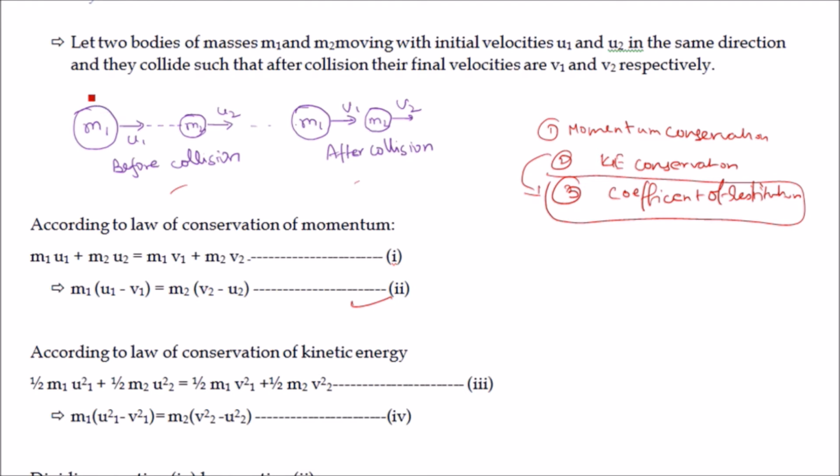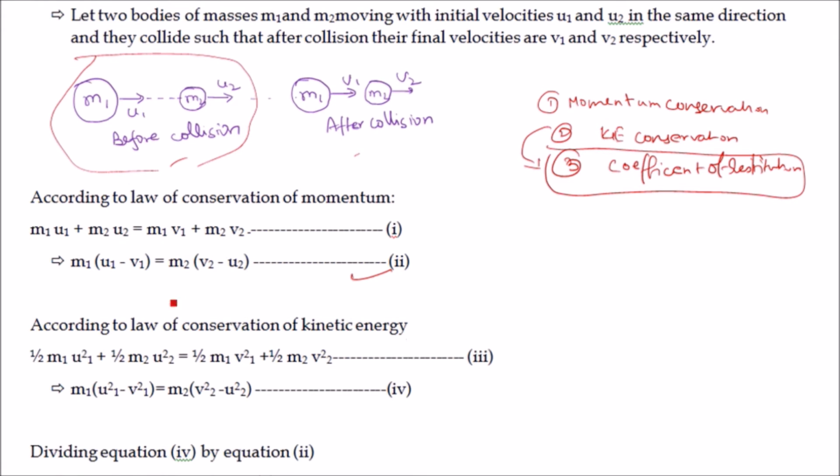Basically we are writing the kinetic energy of bodies before collision, which comes from this figure, and again the kinetic energy of bodies after the collision. So we get m1 (u1 square minus v1 square) is equal to m2 (v2 square minus u2 square).